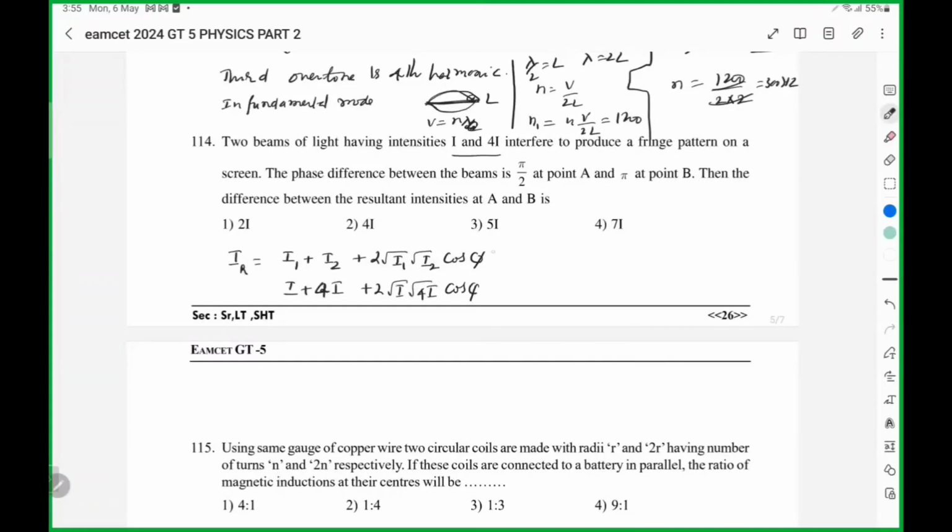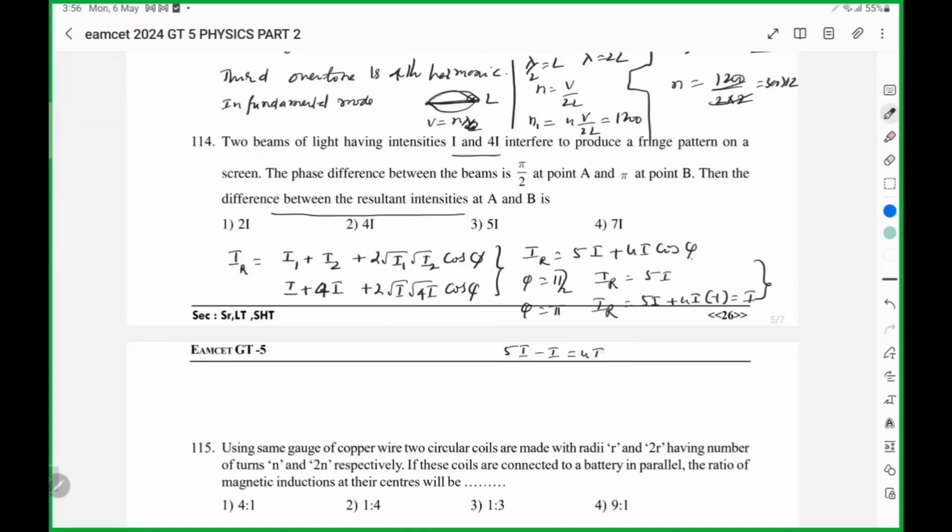Phi is phase difference. I resultant will be 5I plus 4I cos phi. In case 1, phi is given as pi by 2. Resultant is cos 90, 0. Case 2, I resultant will be 5I, cos phi is minus 1. Finally, he is asking the difference of intensities. We get 4I.